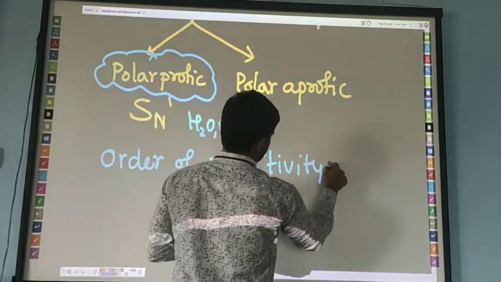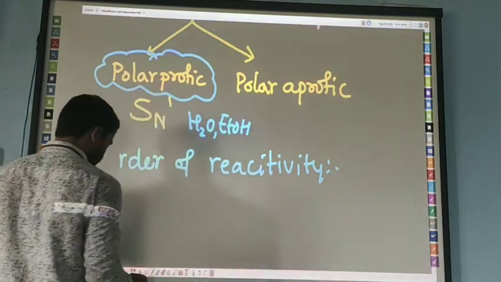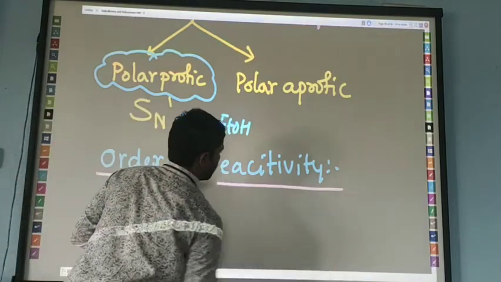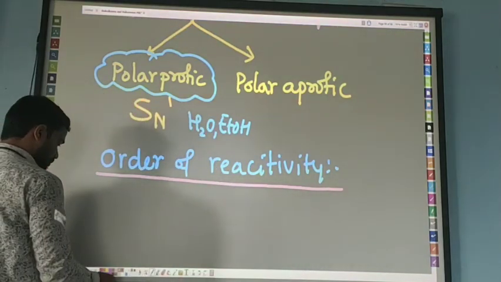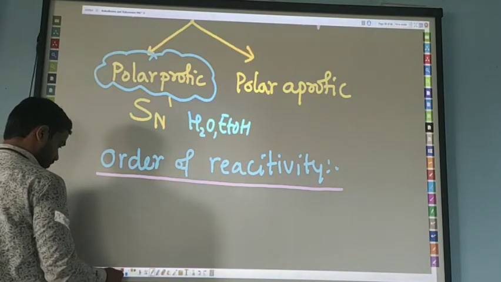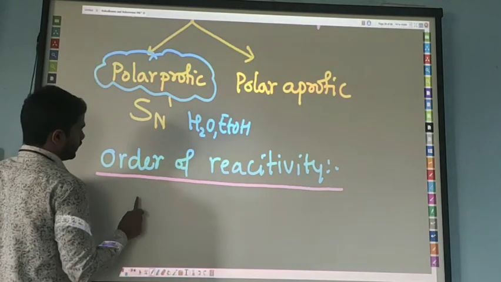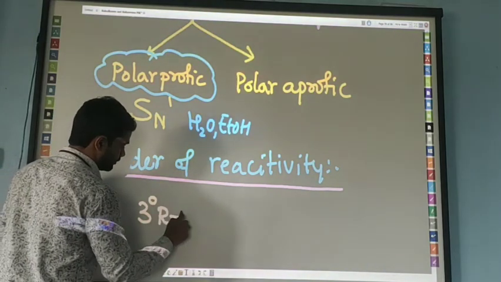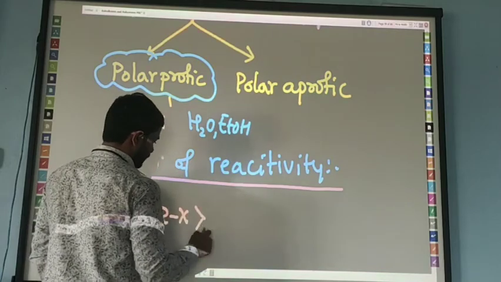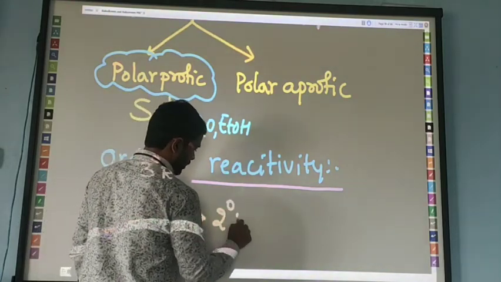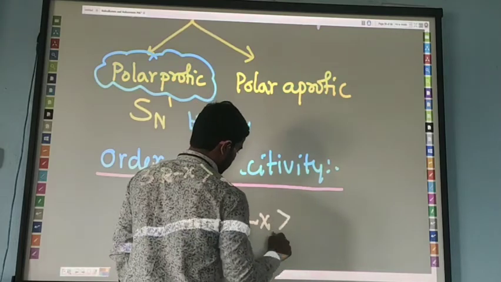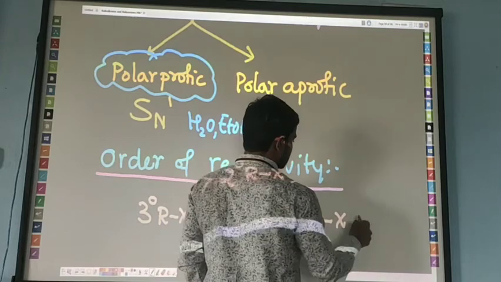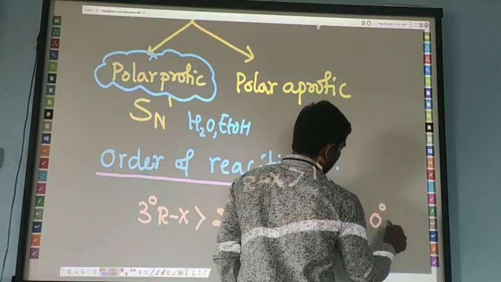The order of reactivity follows in the form of tertiary alkyl halide, then it is greater than the secondary alkyl halide, and it is more in the primary alkyl halide, and the last one is the 0 degree alkyl halide.